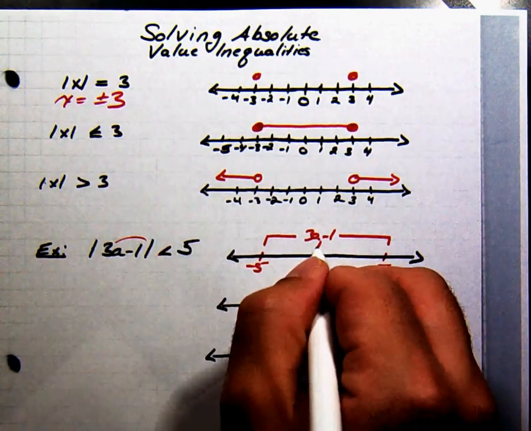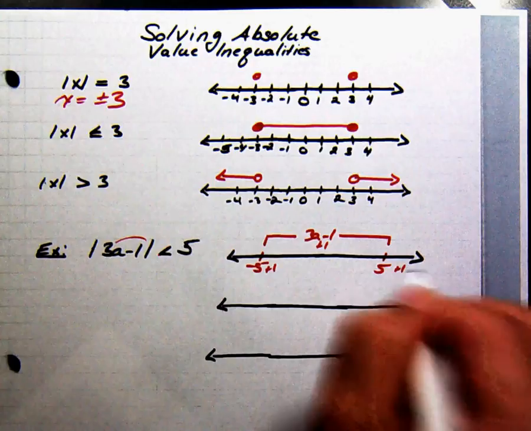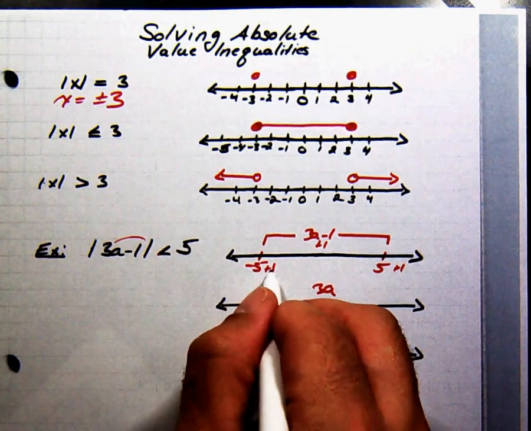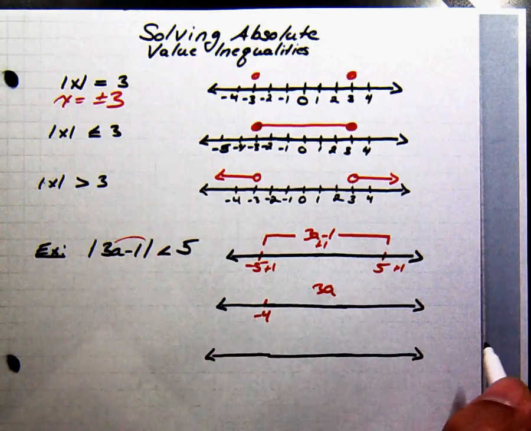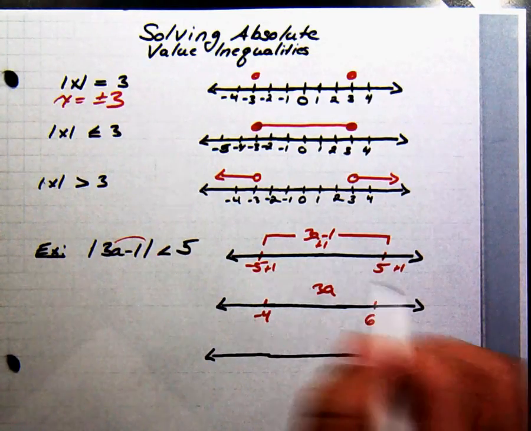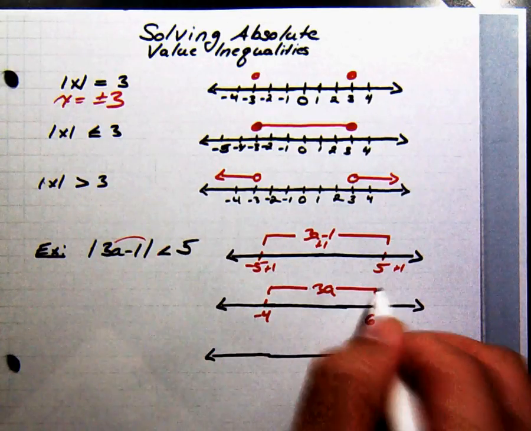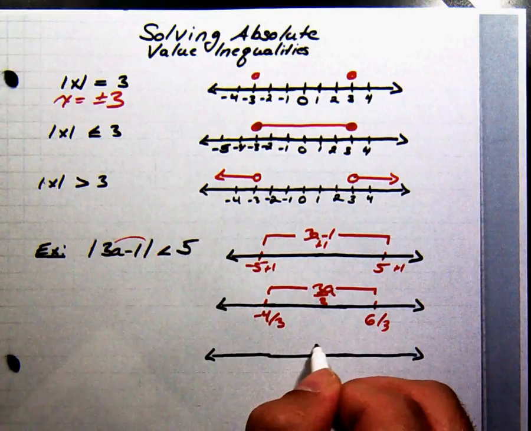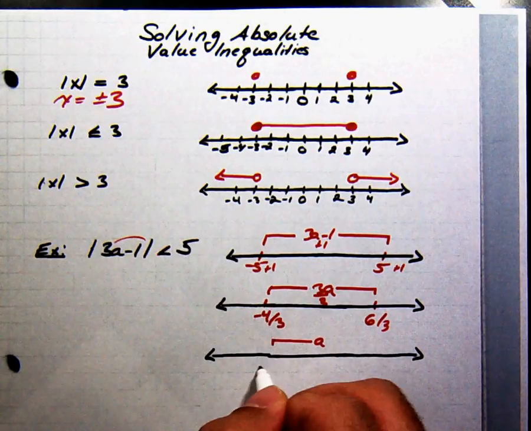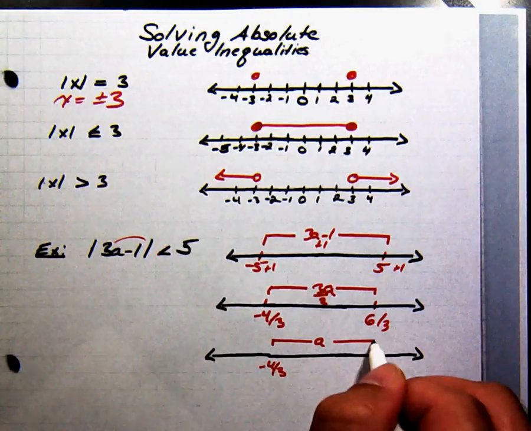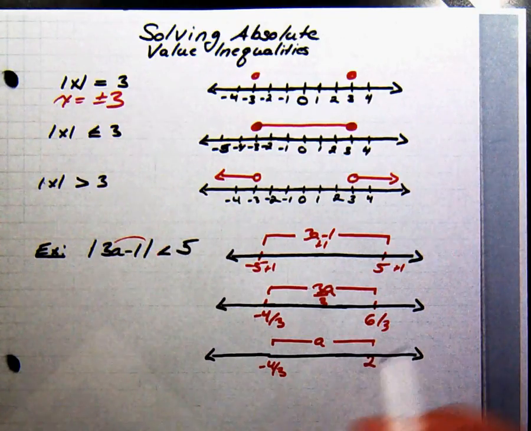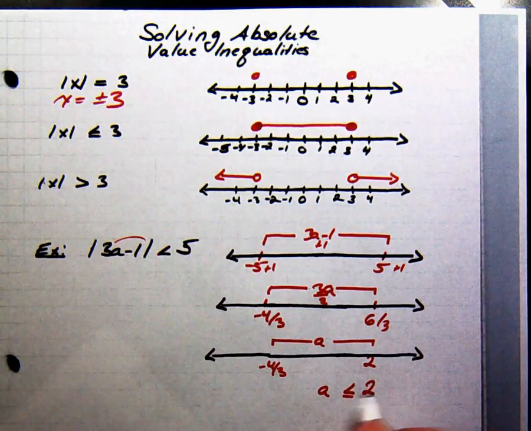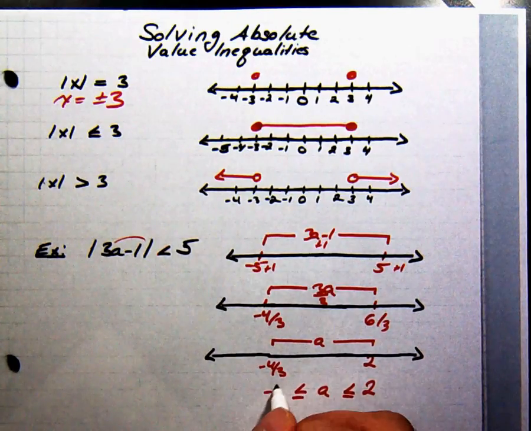Now if we add 1 to everybody, you now have 3a is going to be in between negative 5 plus 1 is negative 4, and 5 plus 1 is 6. Then let's divide by 3, and a is going to be in between negative 4/3 and 2. And we can write that as a is less than or equal to 2 and greater than or equal to negative 4/3.